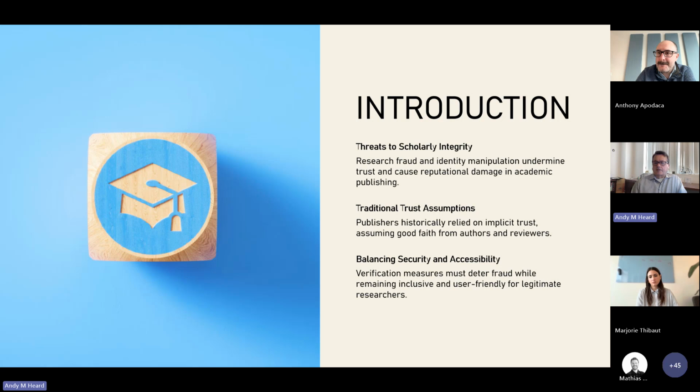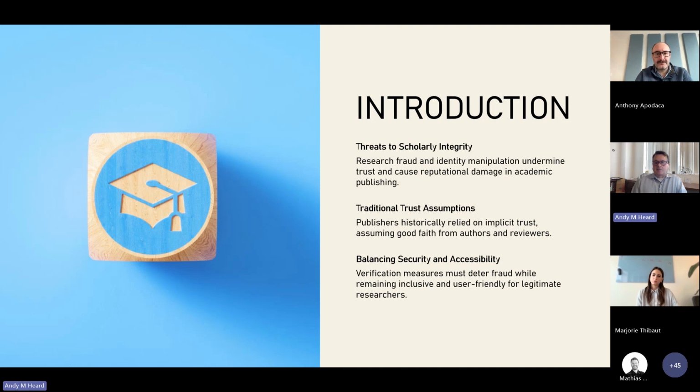They exploit weaknesses in editorial systems, leading to mass retractions and reputational damage. So the challenge for publishers is to maintain trust in participants while minimizing friction for legitimate researchers in a process which is already somewhat cumbersome.